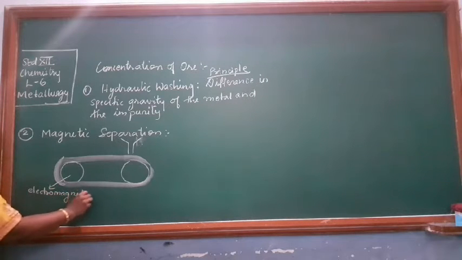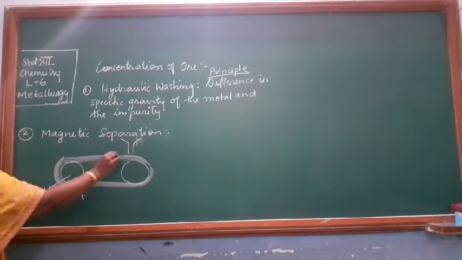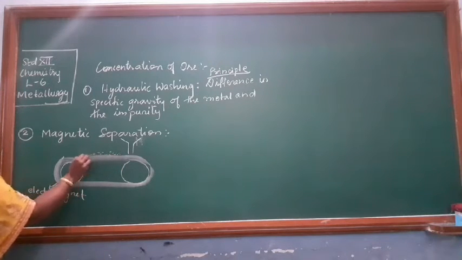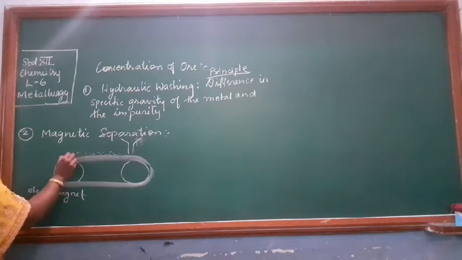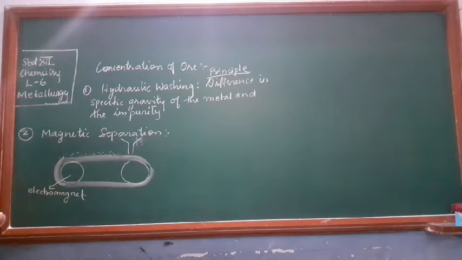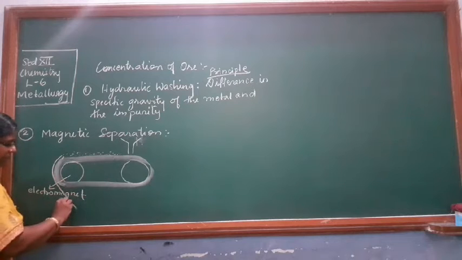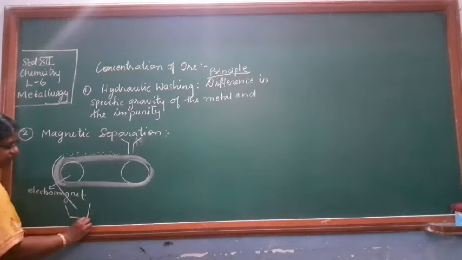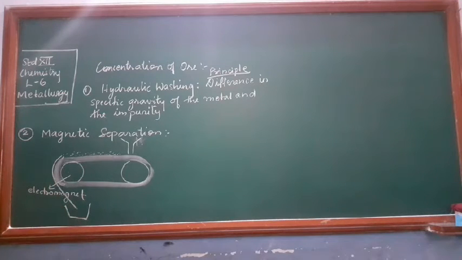So as the ore is flowing here, suppose the metal has a magnetic property, then that metal will be attracted towards the magnet and gets collected at one end, while the impurities will be drawn and collected at another end. Followed or not?